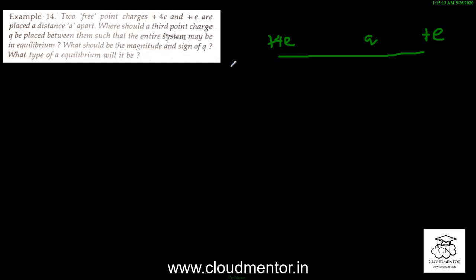So as the charge plus e exerts a force F on plus 4e, for the equilibrium of the charge plus 4e, a minus q charge must be placed here. The repulsive force must be in this direction, so in order to cope up with that, an attractive force must be in the opposite direction.